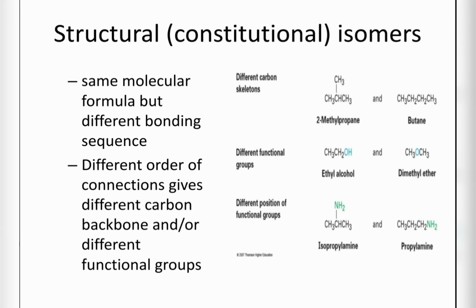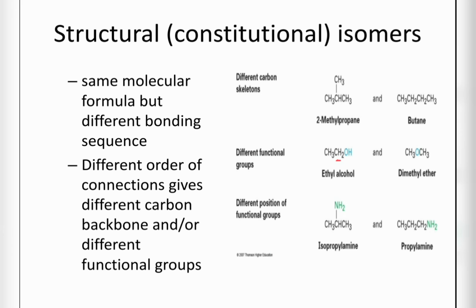Propane, we know, is CH3, CH2, CH3. In the central carbon CH2, if you replace one hydrogen by a methyl group, we get 2-methylpropane. And butane is a straight chain of 4 carbon atoms, CH3, CH2, CH2, CH3. So 2-methylpropane and butane have different carbon skeletons and they are examples of structural isomers.